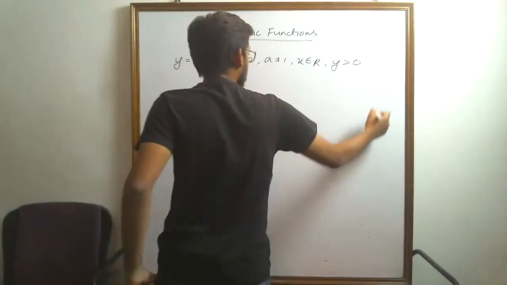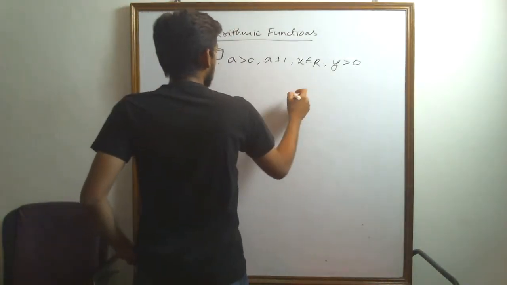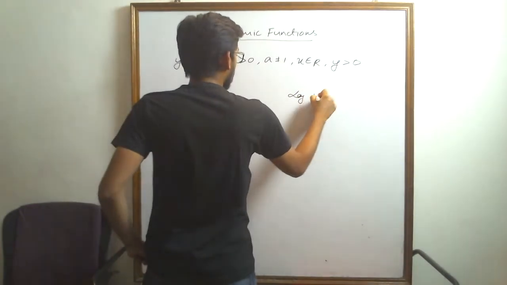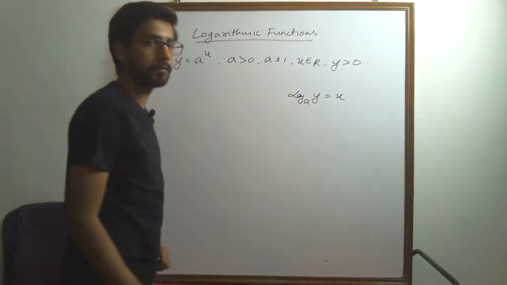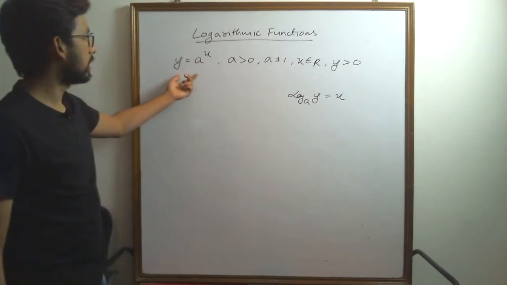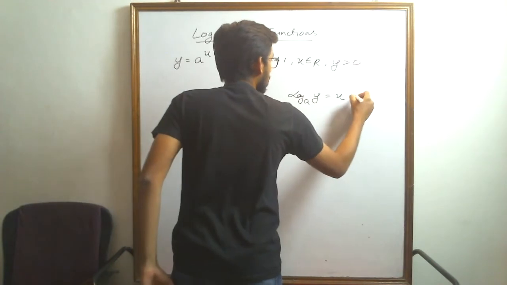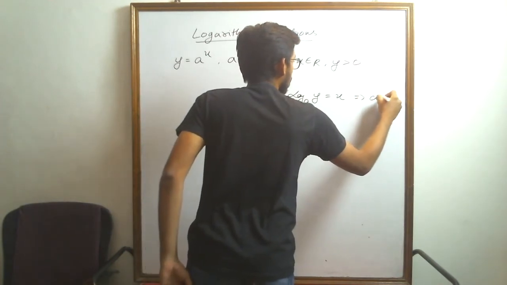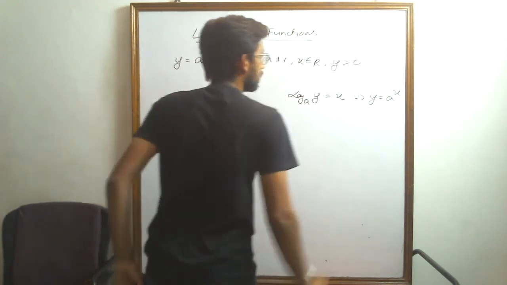So I am writing it down here first. Another way of writing the same thing is log y to the base a is equal to x. So instead of writing it like this, I am writing it like this, and what this means is that y is equal to a to the power x.